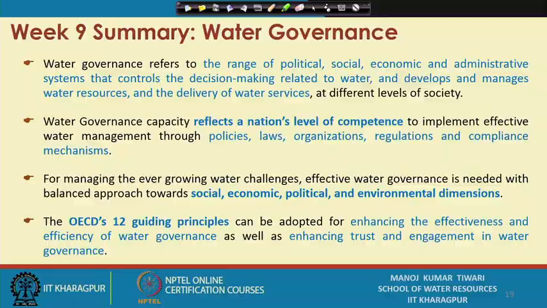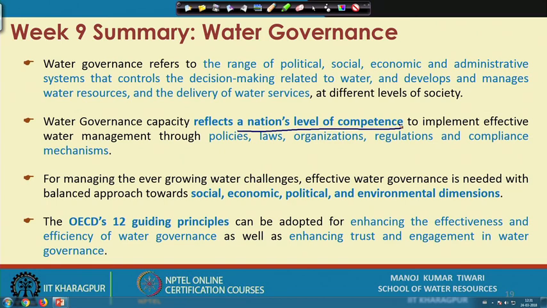Typically, the water governance capacity in a nation reflects its level of competence, how competent the nation is in implementing effective water management schemes through policies, law, regulations and its compliance mechanisms.